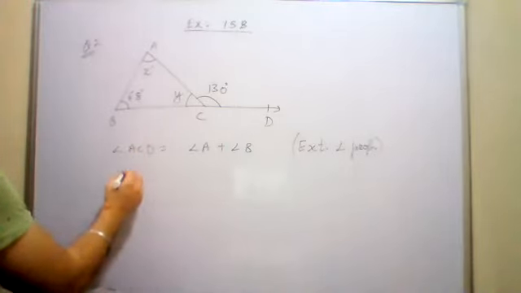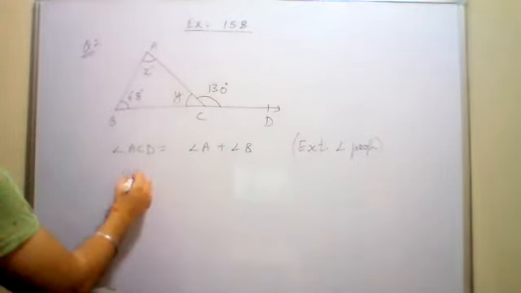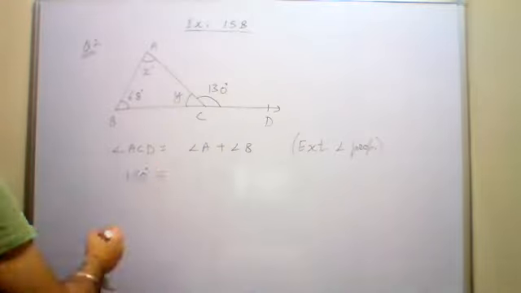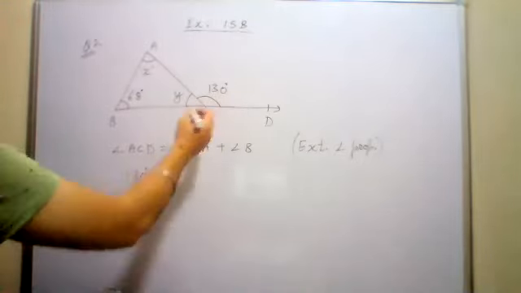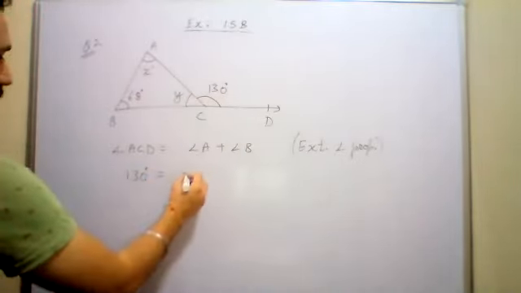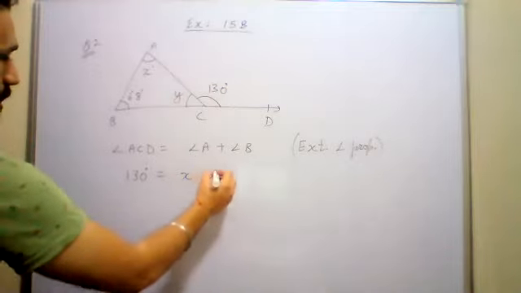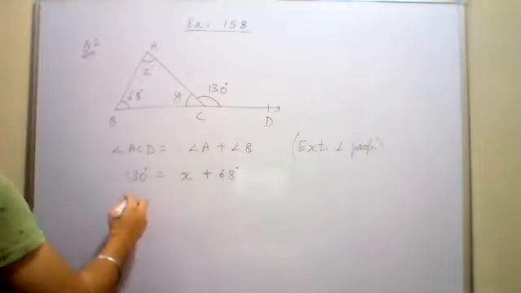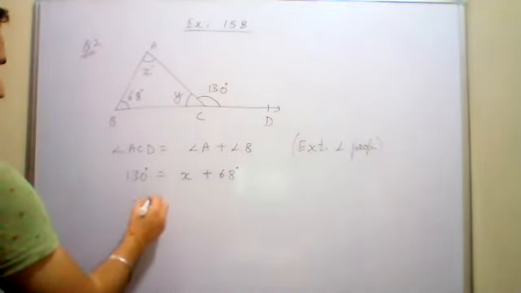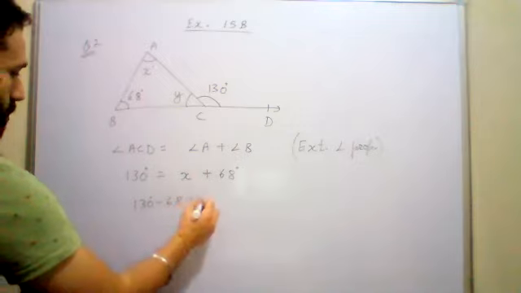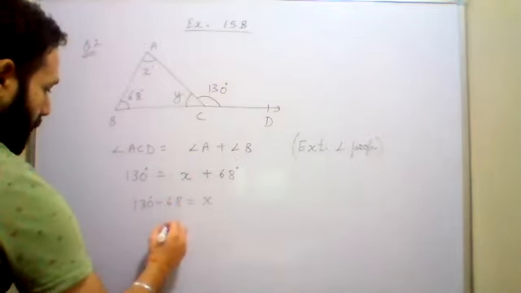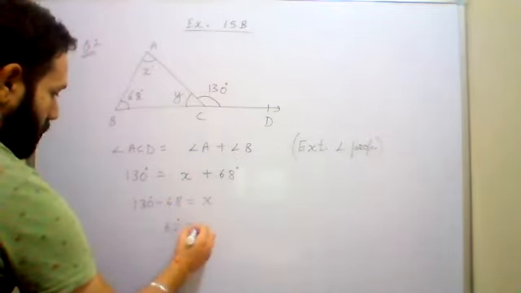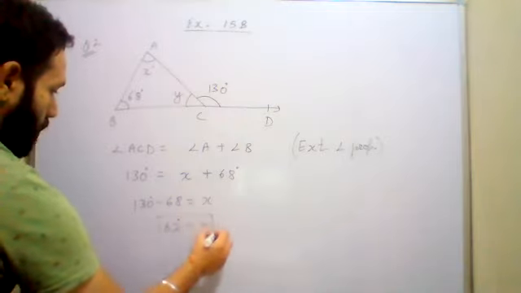Here we know the value of angle ACD, which is given as 130 degrees. Angle A is X, this you have to find out, and angle B is 68. So what is X? You will take 68 to LHS. 130 minus 68 is equal to X. That means 62 degrees is equal to X. This is the value of X.